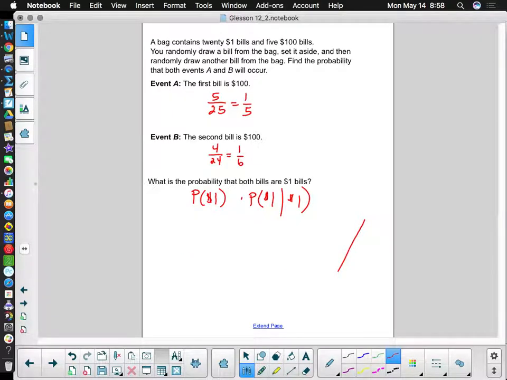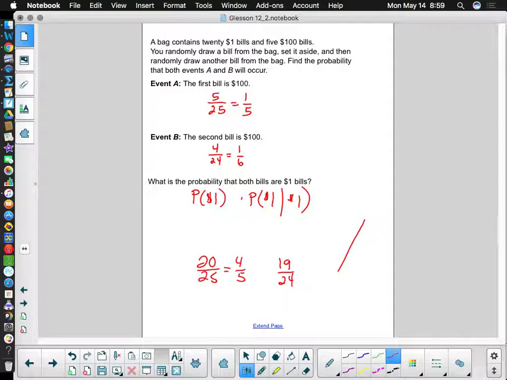Let's go ahead and check that. The probability of a $1 bill, there were 20 out of 25 that were $1 bills. Okay, so that's 4/5. Now, after I chose that $1 bill the first time, there are now 19 $1 bills remaining out of 24. So I'm going to take 4/5 times 19 out of 24.